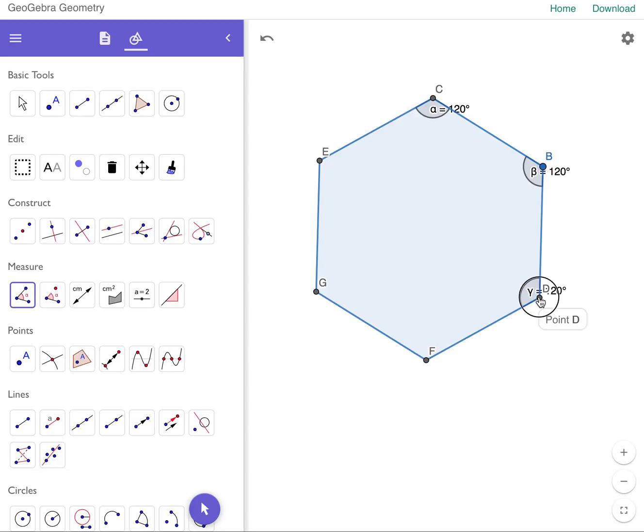So far, so good. And we do have all interior angles are equal. And we also already know that all the sides are equal. There's 6 sides, so that makes it a regular hexagon.